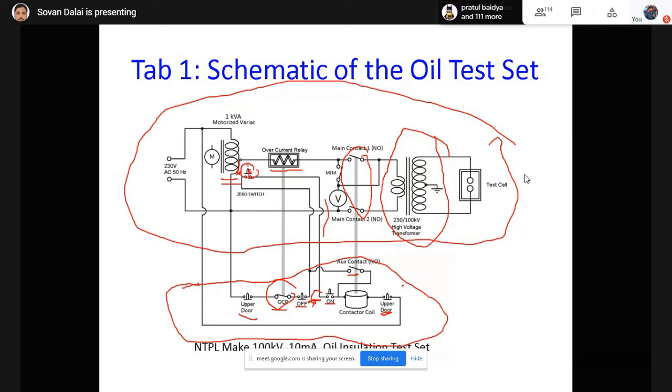And I don't know whether Sivaji sir and Sisulu sir mentioned this, but transformer oil is not a homogeneous solution. It contains different impurities, and the impurities are not uniform throughout the transformer oil. So that oil comes between the electrodes during the breakdown.